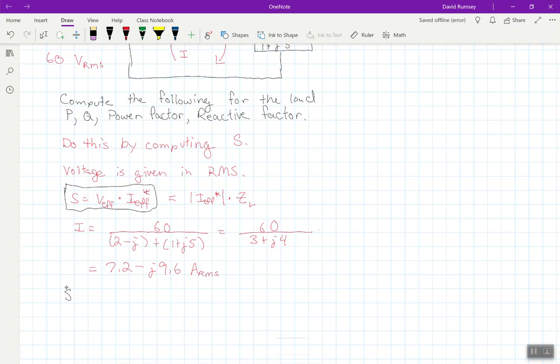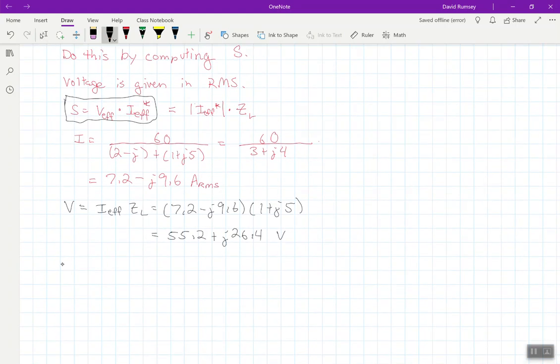Well, my voltage is going to be simply my current times my load: 7.2 minus j9.6 times 1 plus j5. Which gets me 55.2 plus j26.4 volts.